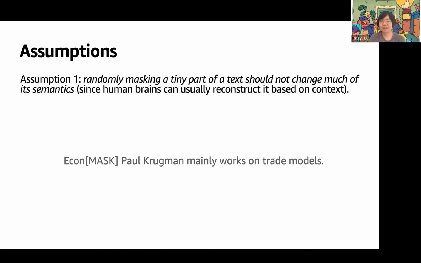But the key is that the masked part couldn't be too long, otherwise it would damage the semantics stored in that sentence. So in this example sentence, "[MASK] Paul Krugman mainly works on trade models." We human beings could probably guess what's being masked. It should be economist, because Paul Krugman is an economist. Even if we don't have that background knowledge, we know that he works on trade models, so he probably is an economist.